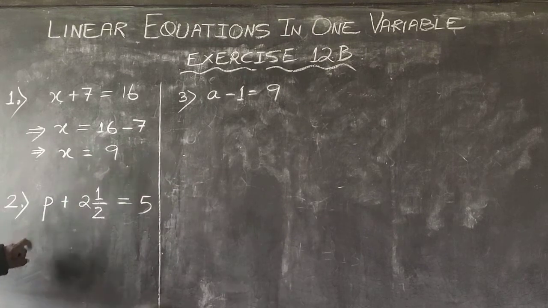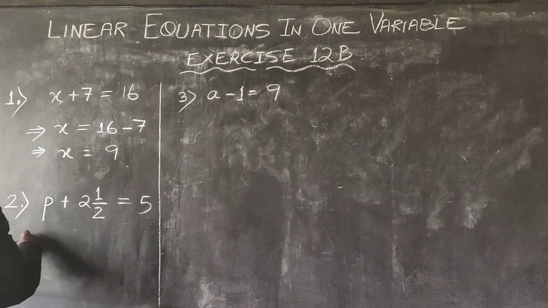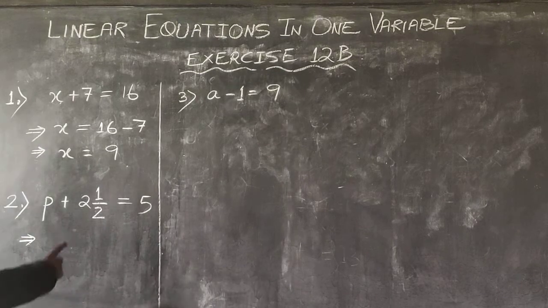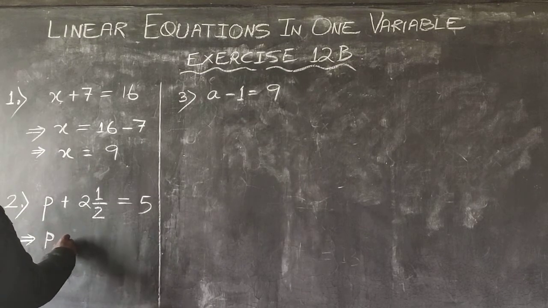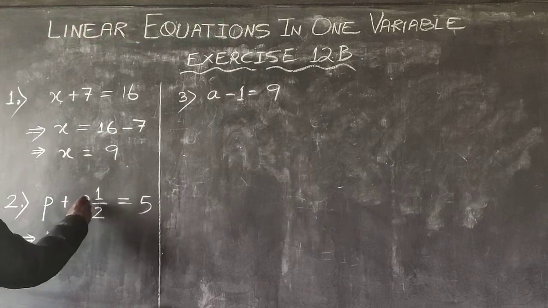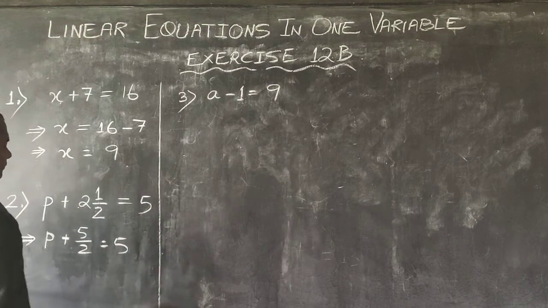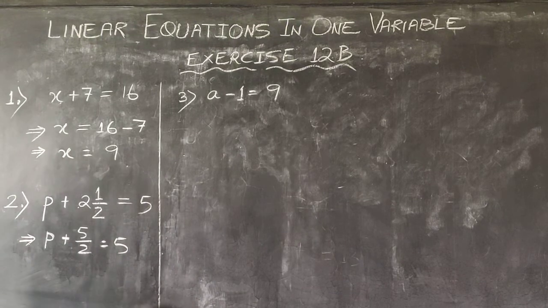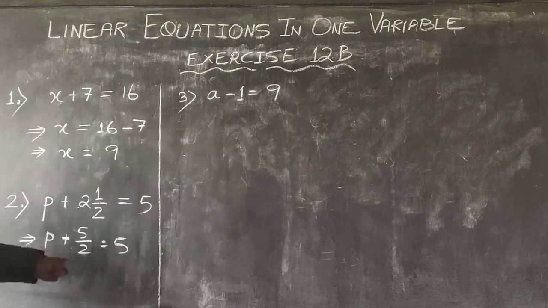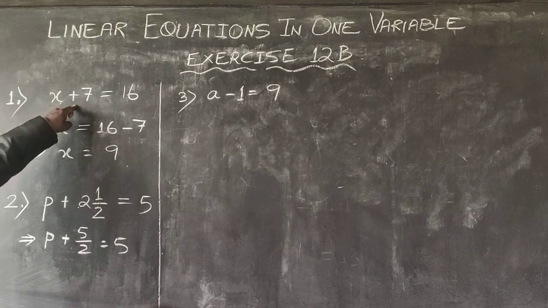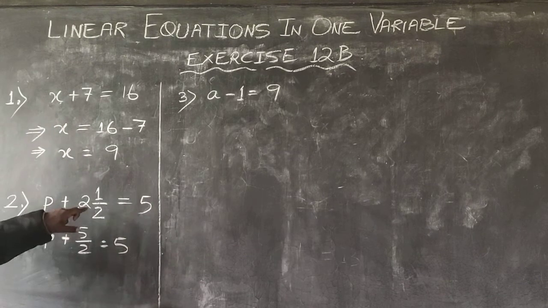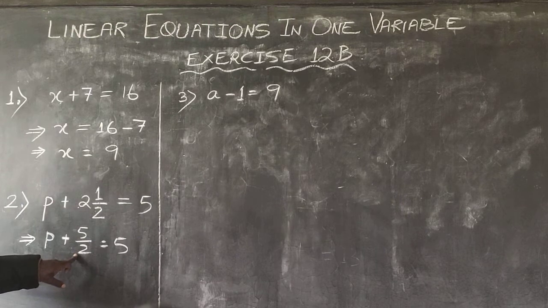Okay, now coming to question number 2. We have this one in mixed fraction. Let me solve this. t plus 2 and 1 by 2 equals 5. So don't you see any similarity between these two questions? Here also there was a number with the variable x. Here also there is a fractional number with the variable t.